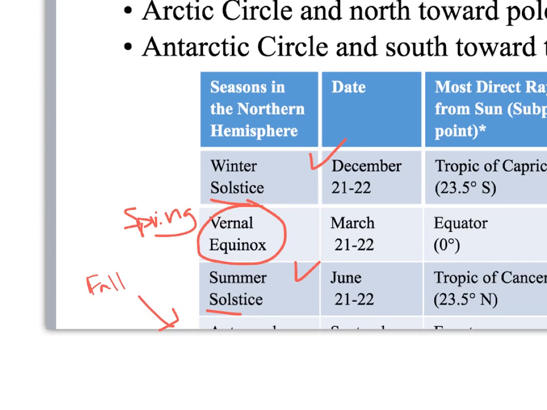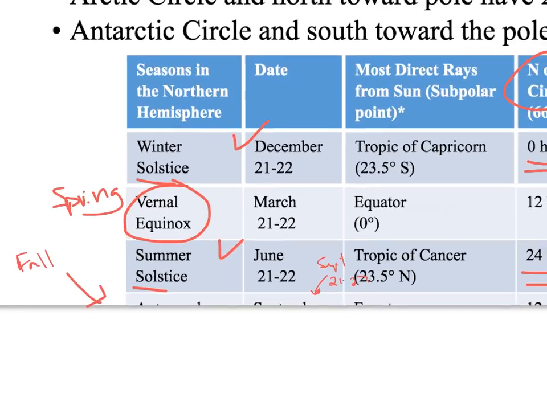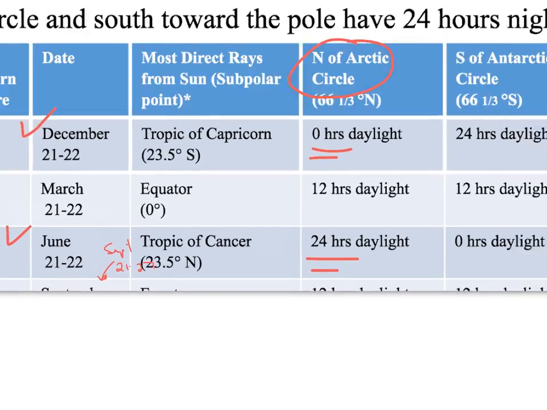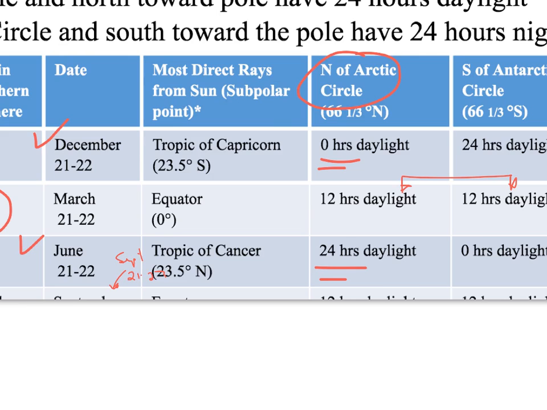The date got chopped off. This date right here would be what? September. And again, if you just simply put 21st through 23rd or so, that would catch it. Now, the importance of the equinox is that, like the slide says, the amount of daylight and nighttime is the same at all latitudes.